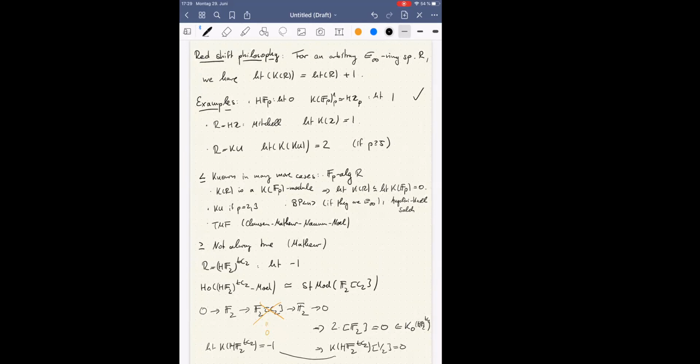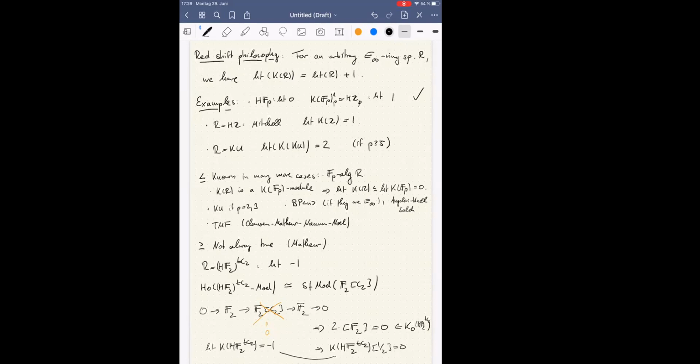So I must say this example I find very nice, but a slightly curious feature here is that actually the Tate construction usually is meant to shift height down by 1. It's in some sense just not possible in this case because it's already height -1.